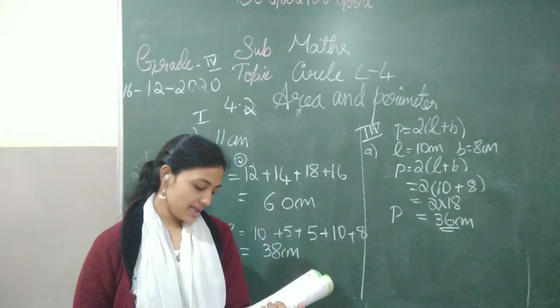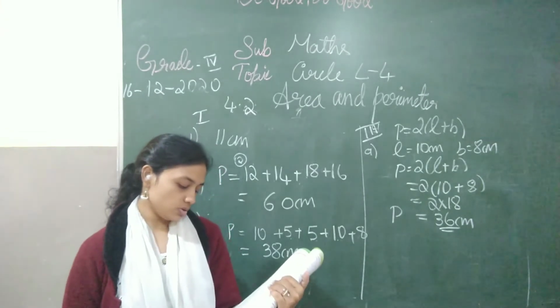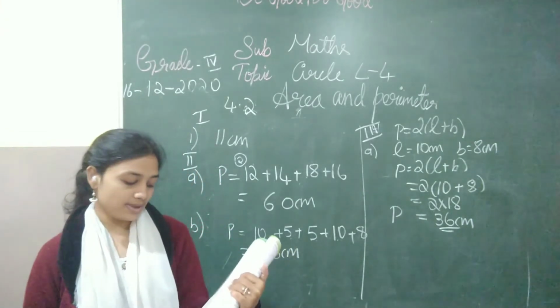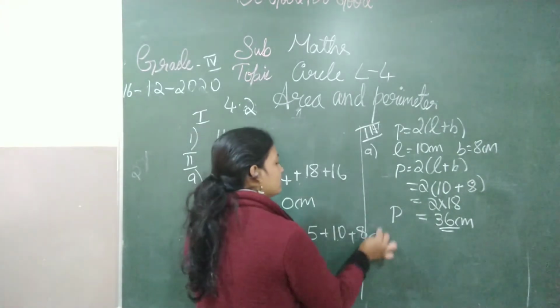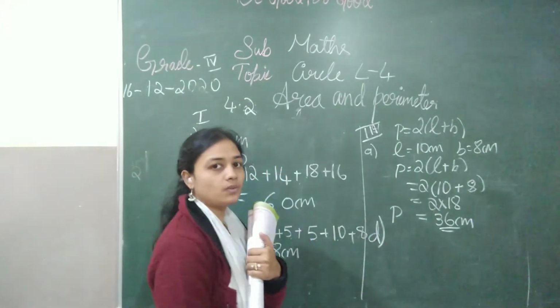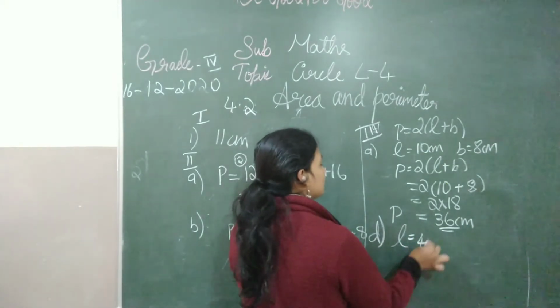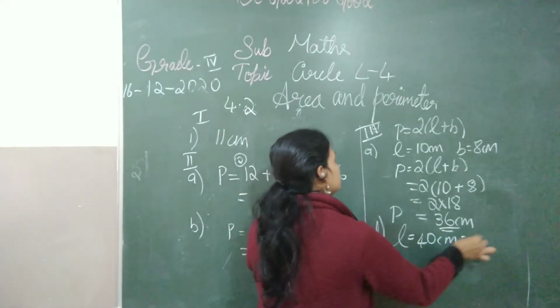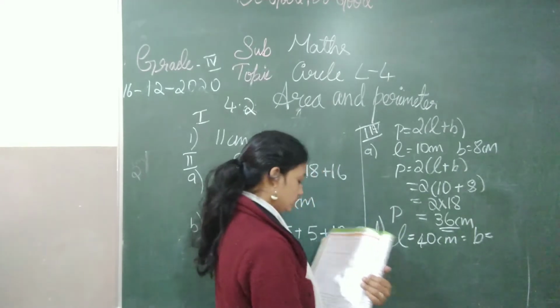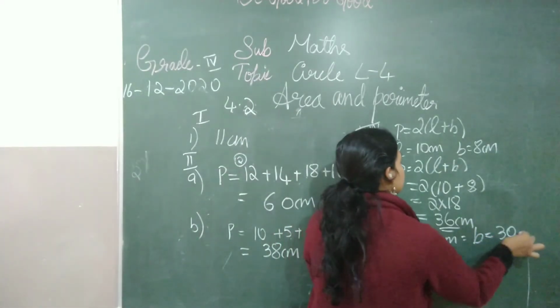Similarly, I'll take the D question because you have 40 and 30, which are big numbers. So let us try the D question here. What is L? L is equal to 40 centimeters. And what is B? B is equal to 30 centimeters.